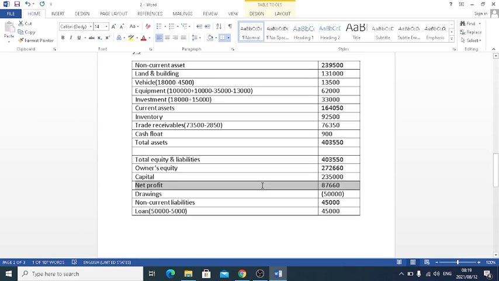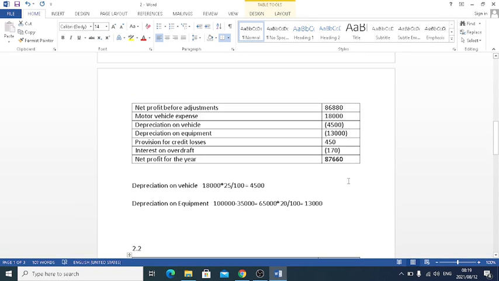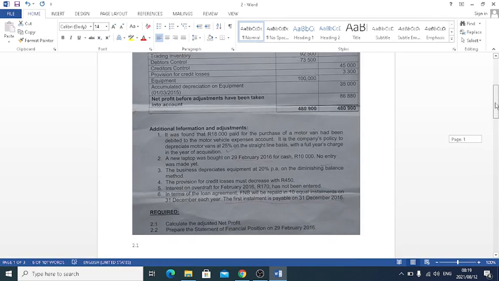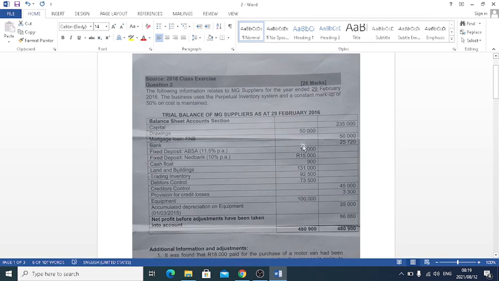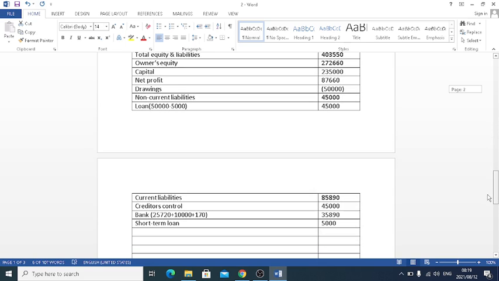Our net profit is the one that we calculated, the adjusted net profit, this one. Then our drawings come from the trial balance, 50,000. Since the owner is withdrawing money, we subtract the drawings. So this plus this minus this results in 272 owner's equity.